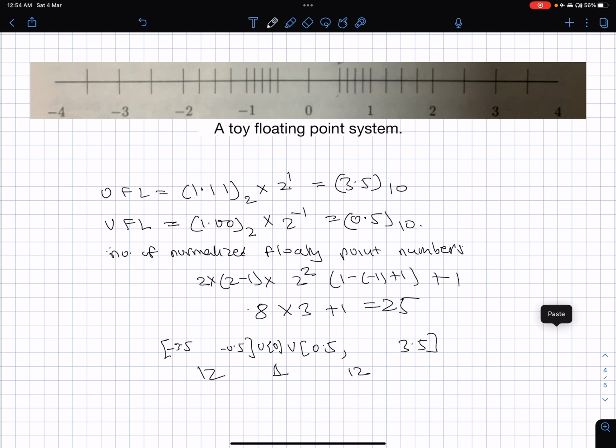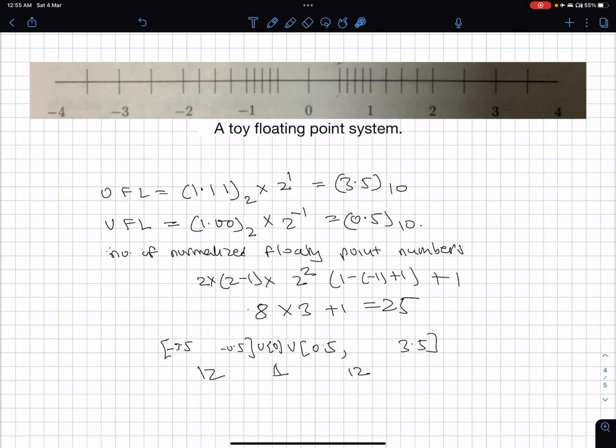This is what I have shown here, from minus 3.5 to 3.5, and you can see it is symmetric on this side and this side, and you can count now 1, 2, 3, 4, 5, 6, 7, 8, 9, 10, 11, 12. So exactly all the 25 numbers are shown here, and this is the only small range of the real line that can be covered in it.